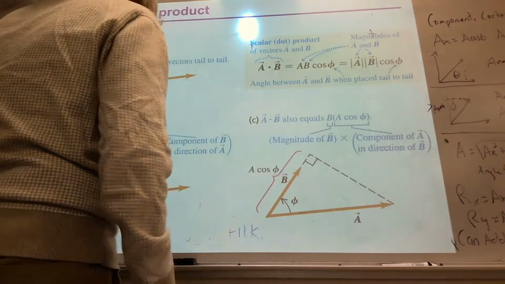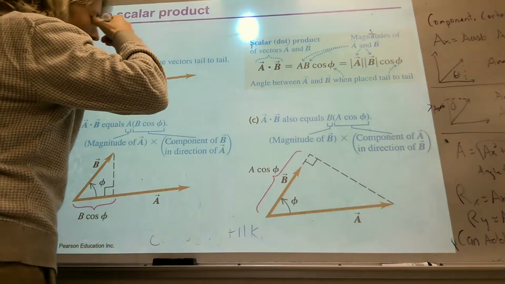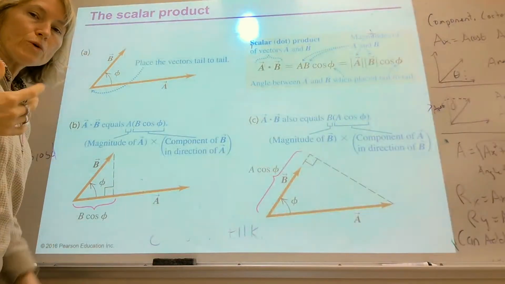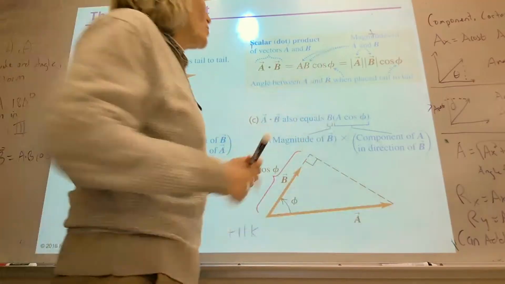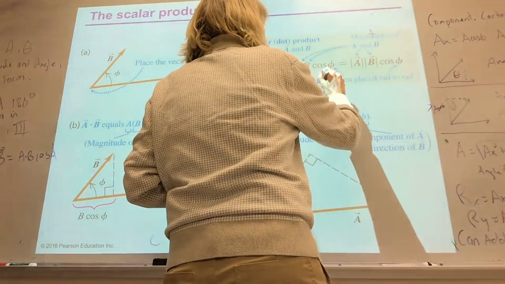Okay, so let's write that down here. A dot B is equal to, so the scalar product, I've talked about this already. When we multiply force times distance to get work, that's the scalar product. Remember how we got the x component? This was theta, this was our force.